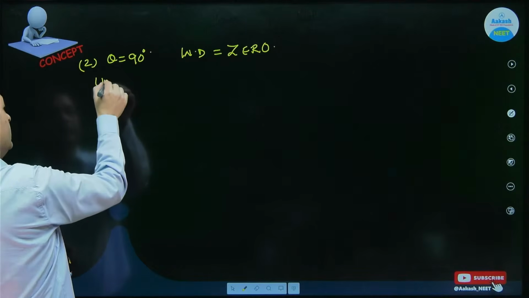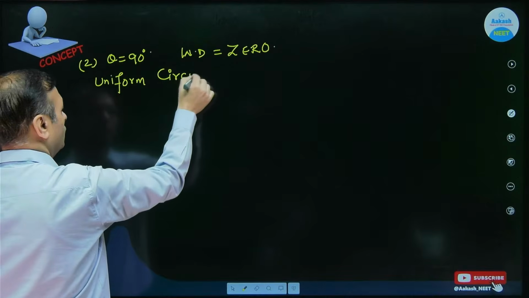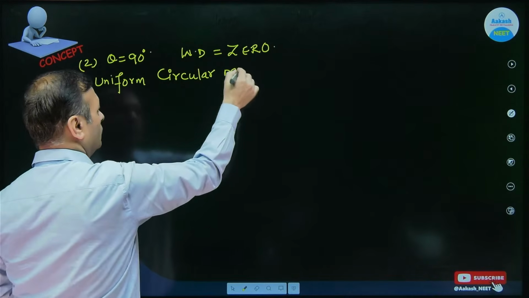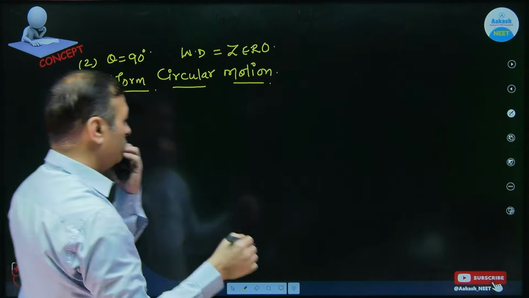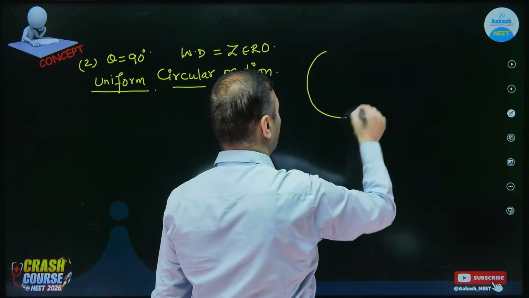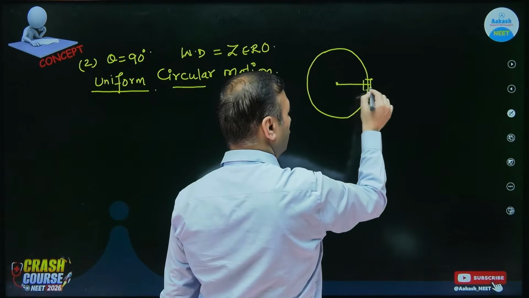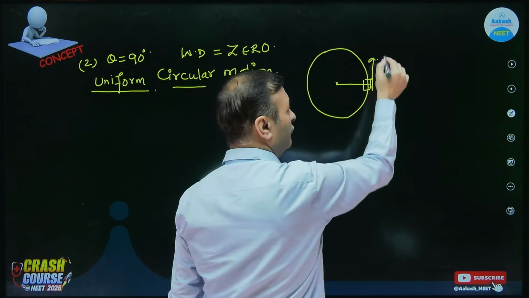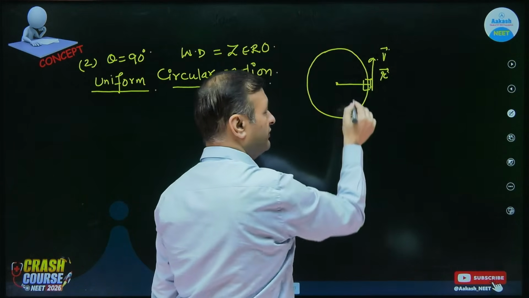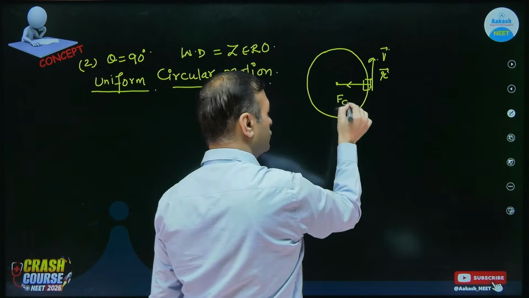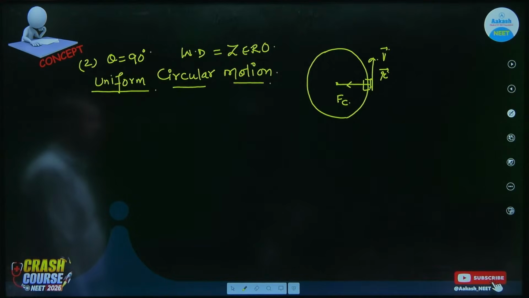So let's suppose we talk about uniform circular motion. In case of uniform circular motion, we know this body is moving like this, so its velocity vector is like this, its displacement vector is also in this direction, whereas the centripetal force is towards the center, and that means it is always normal to the displacement vector.